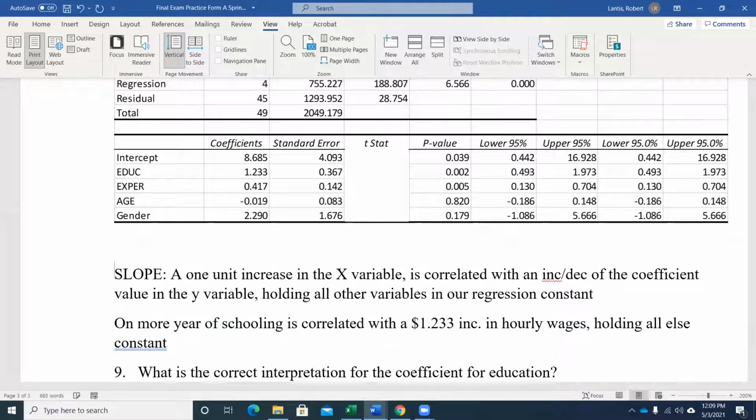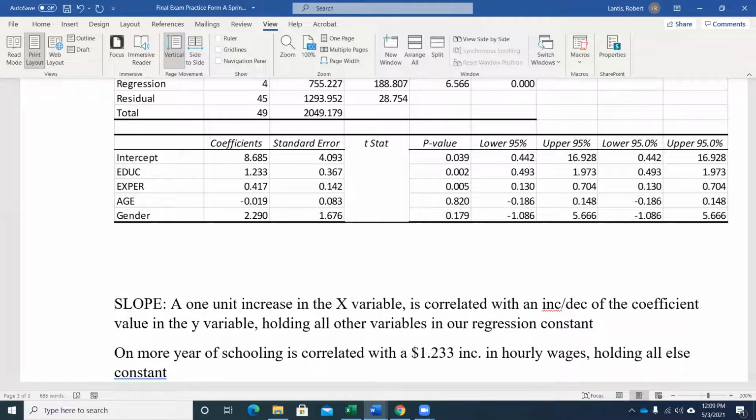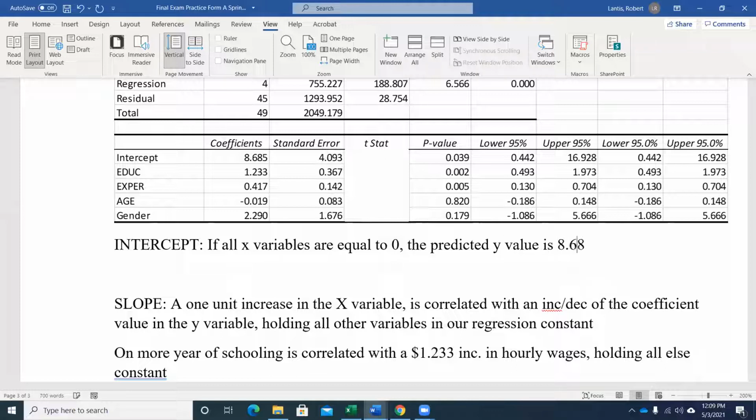was, I'm just going to put it right below here so we can see everything at the same time. You wouldn't simply say 8.68, right? The general interpretation is if all of our x variables are equal to 0, the predicted y value is 8.68 here.